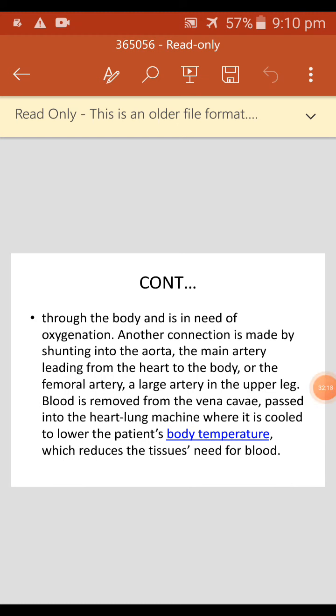Through the body and is in need of oxygenation. Another connection is made by shunting into the aorta, the main artery leading from the heart to the body, or the femoral artery, a large artery in the upper leg.